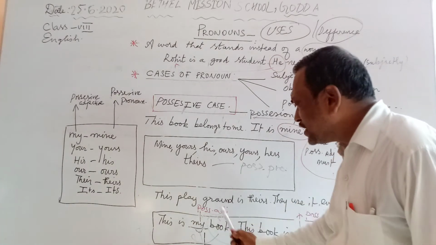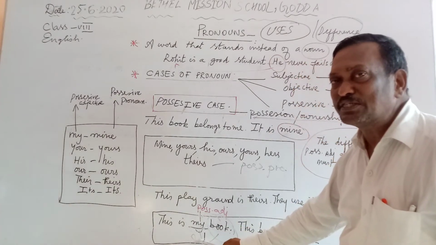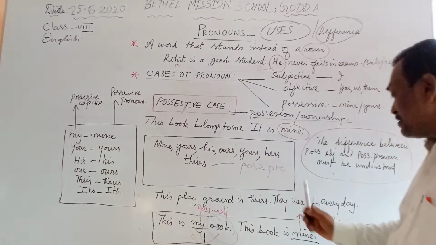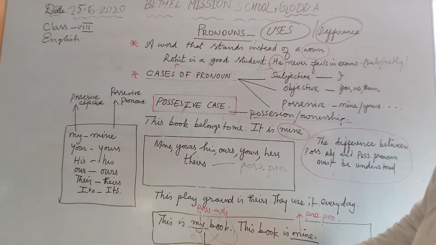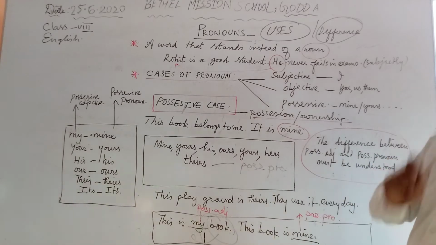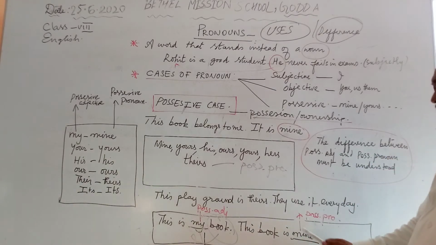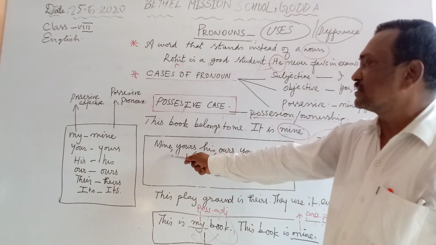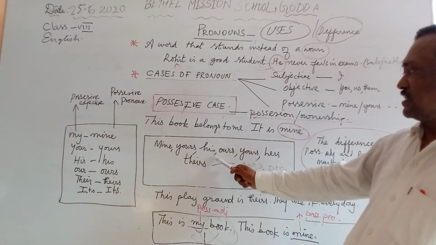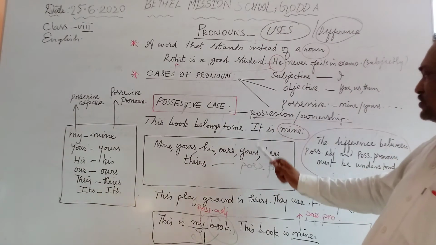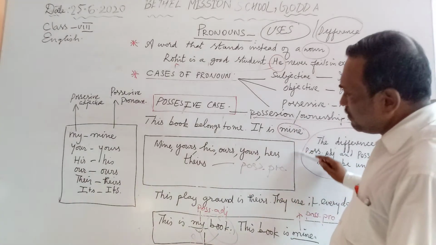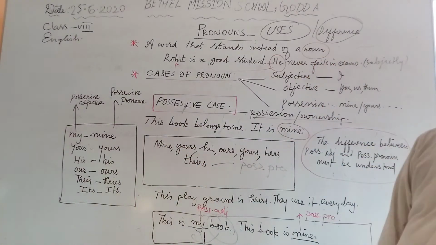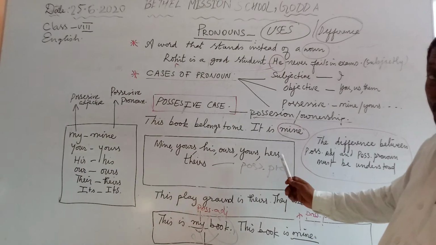Immediately before a noun, the possessive adjective comes. The possessive pronoun comes at the end of the sentence, generally followed by a helping verb. So, mine, yours, his, ours, yours, hers, theirs, all these words come under the category of the possessive pronouns.